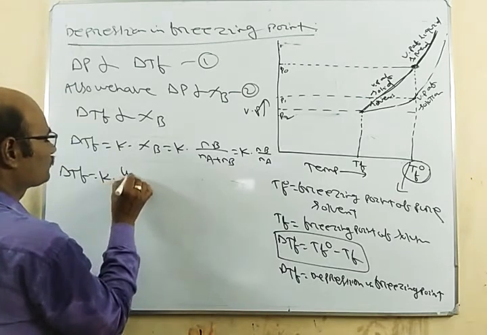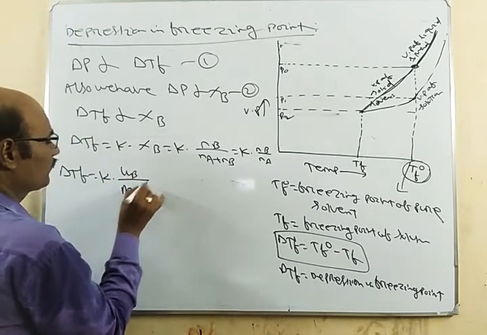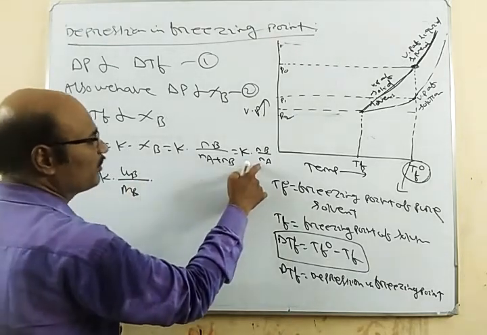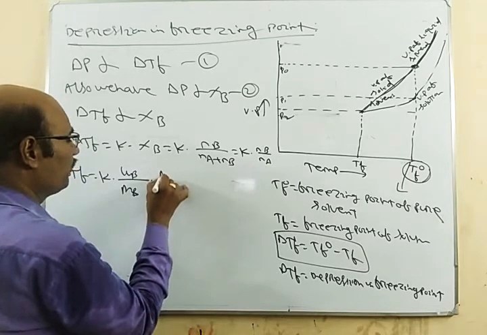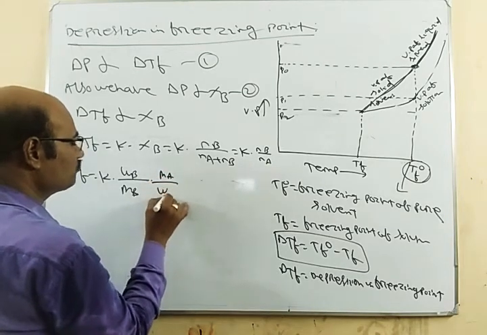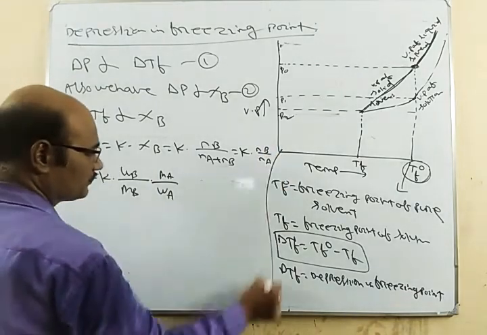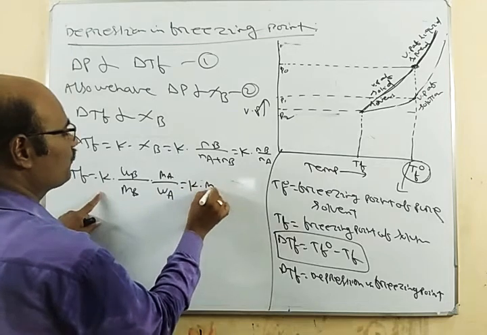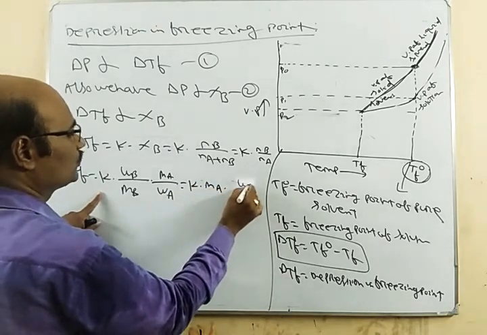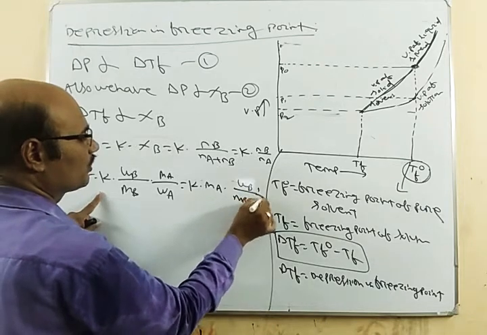That is WB by MB, the number of moles of solute, mass by molecular mass, so MA by WA. Or I can write it as K into MA into WB by MB into 1 by WA.